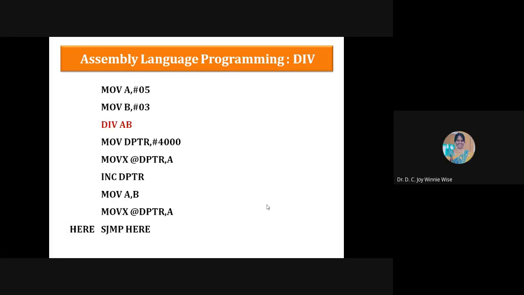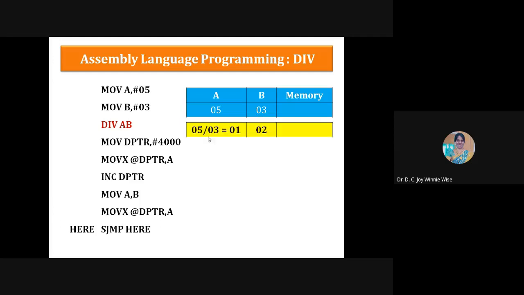Next one, same program, with the division instruction. Here also the condition for performing the division is that the data must be in the accumulator and another data must be in the B register. I have taken the data 05 and 03.